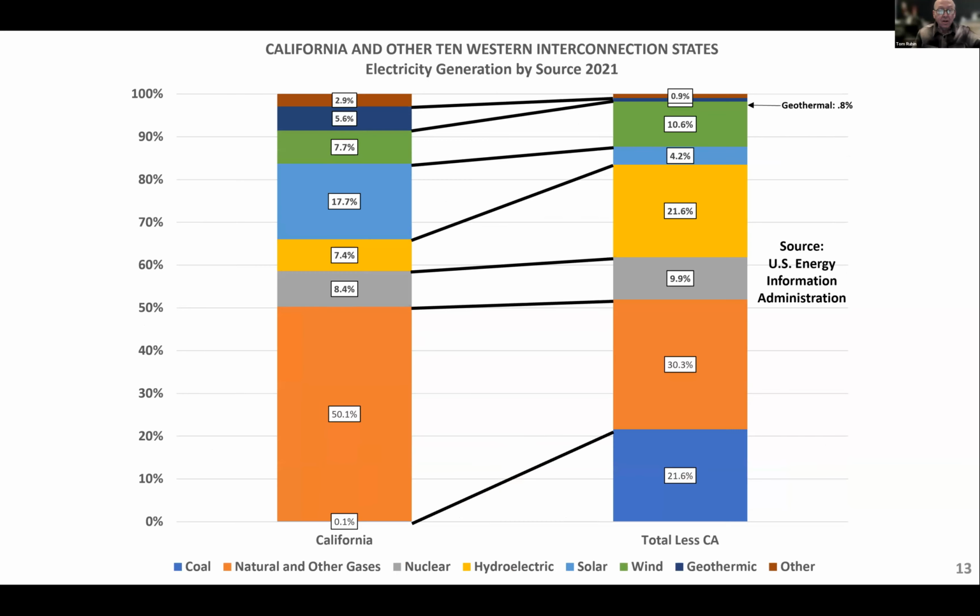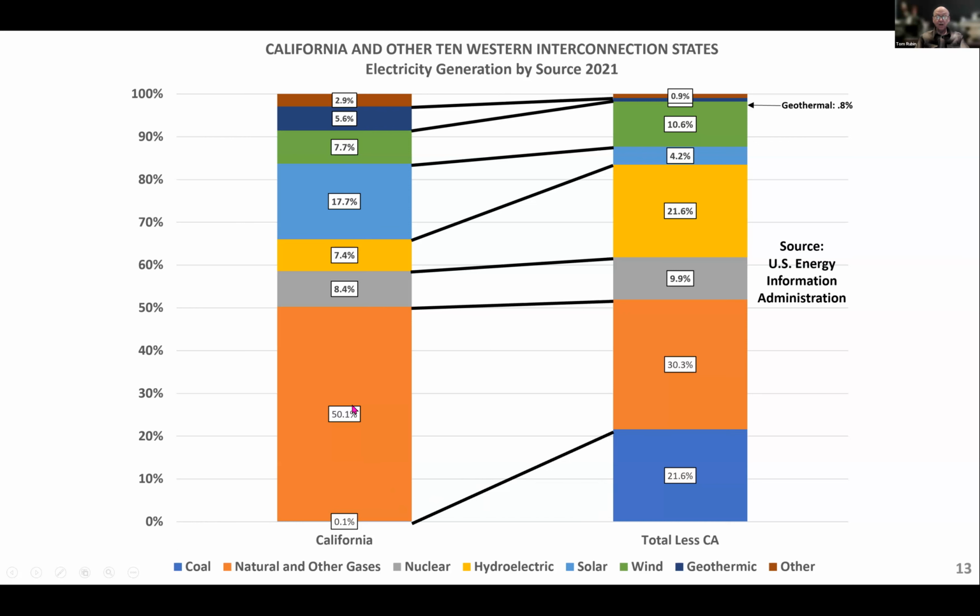So going on, this next graph shows the sources of electric power in California versus the other 10 states. And as you can see, there's quite a bit of difference. Coal is over 20% in the rest of the states, and almost nothing here.